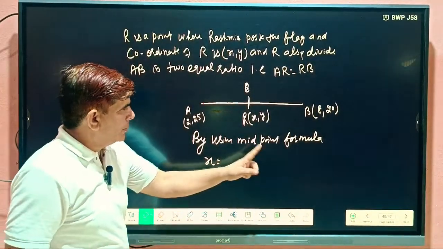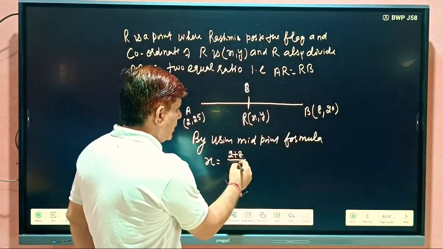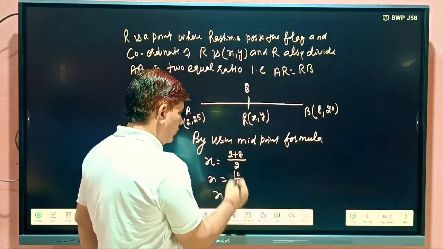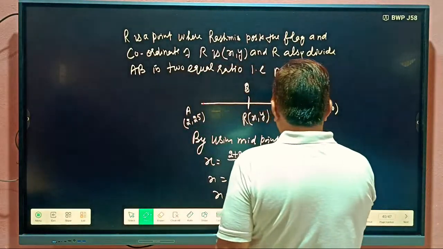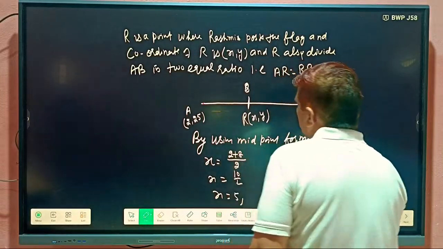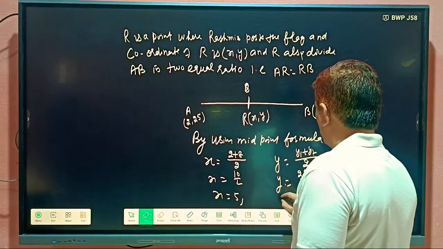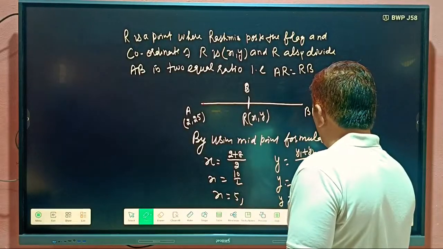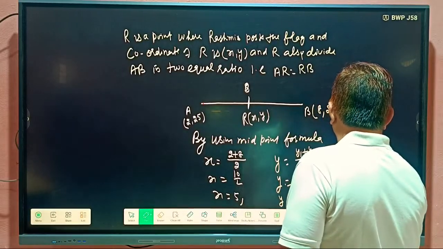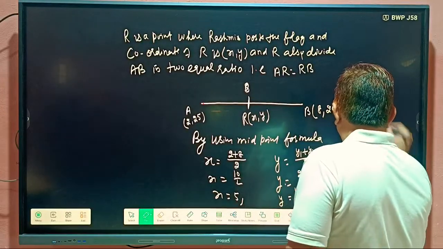So by using midpoint formula, 2 plus 8 by 2 equal to X, so X is equal to 10 by 2. How much? X is equal to 5. Y is equal to Y1 plus Y2 by 2, so Y equal to 25 plus 20 by 2, so Y equal to 45 by 2, so how much? 22.5 meter, or we can say 22 into 1 by 2 meters.